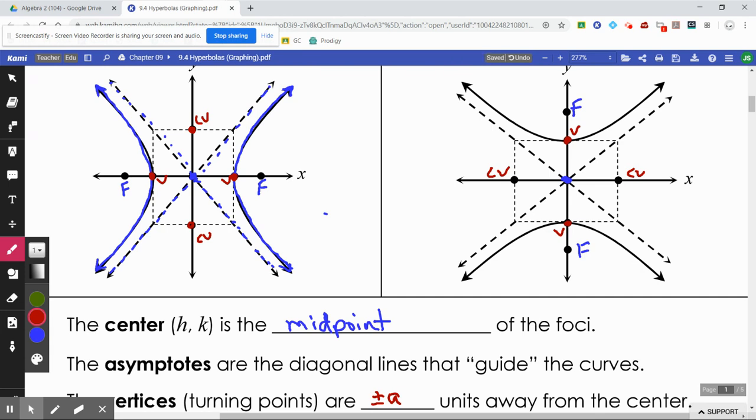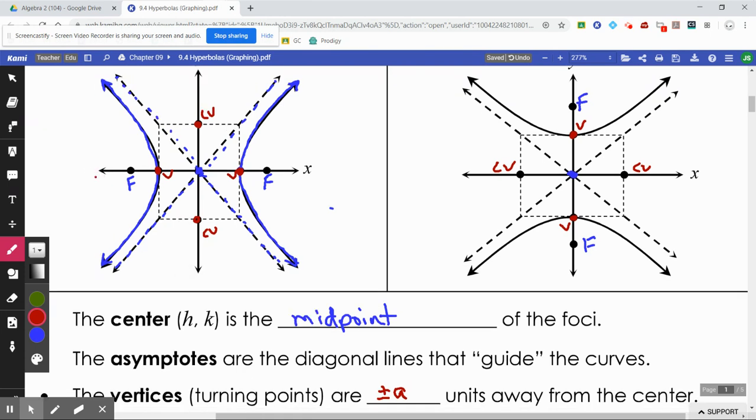Now, there are two axes of symmetry that they don't list here in these notes that I do want to point out. I want to point out that this one passes through the vertices, and it passes through the foci. This is called the transverse axis. That sounds familiar. If you remember in geometry, we had a transversal, which was a line that passed through two or more other lines, like when we talked about parallel lines cut by a transversal.